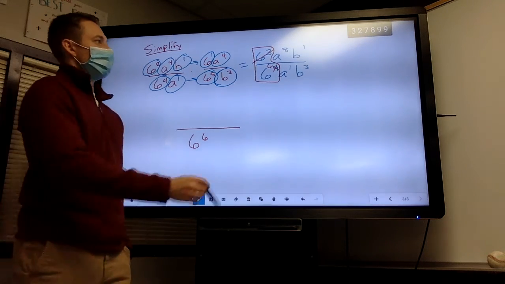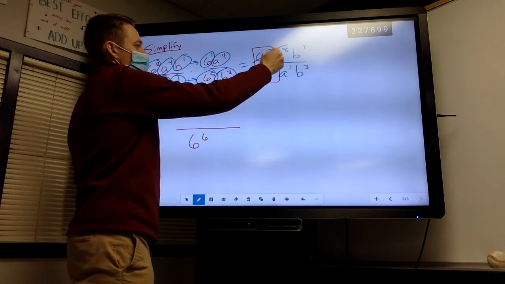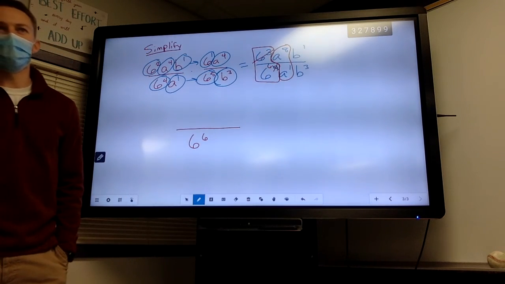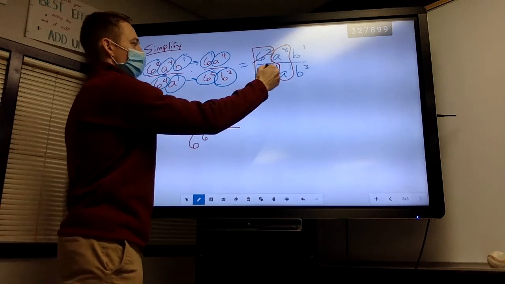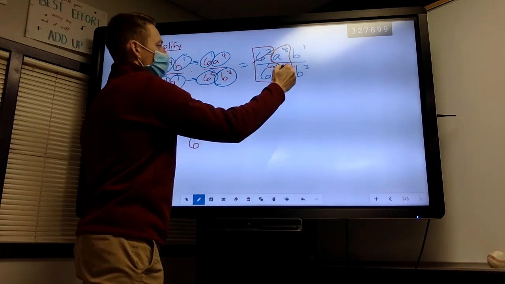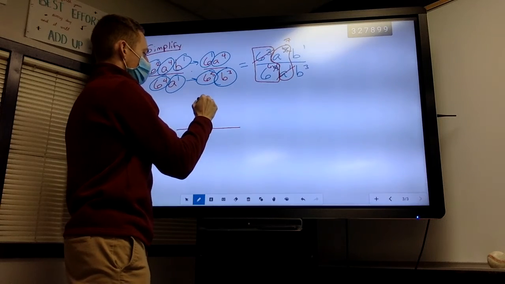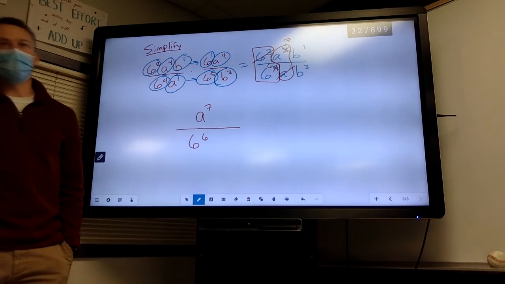Okay. Moving on to a to the 8th and a to the first. Which exponent is bigger? 8. So we're going to write this one on top. What's 8 minus 1? 7. So we're going to have an a to the 7 on top because the 8 was bigger.